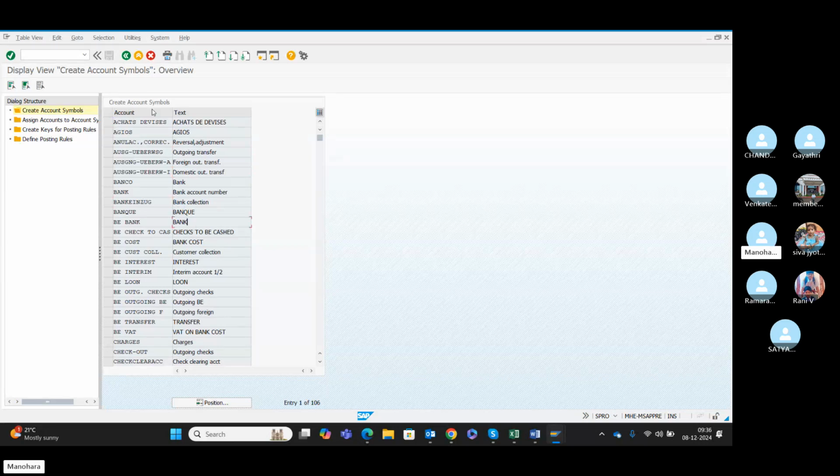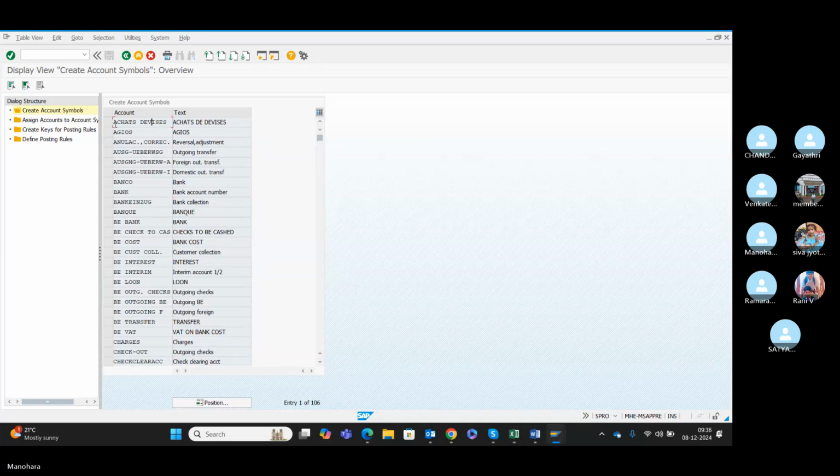So you have to give the chart of account and create accounting symbols here. The system understands that if you give the chart of accounts, it checks how many company codes are assigned to this chart of account, and based on that logic the system will perform the BRS.